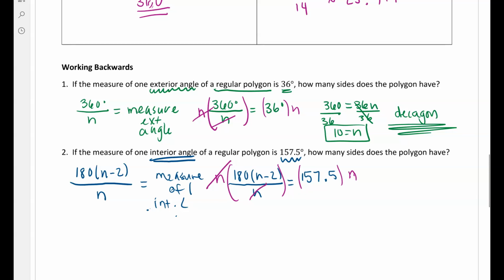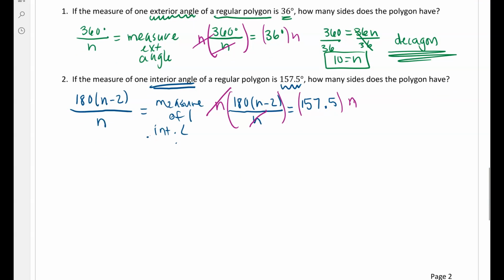So our new line would read 180 times n minus 2 equals 157.5 times n. All right, from there, the next thing we could do is use the distributive property to distribute the multiplication of 180 to both terms in that binomial.